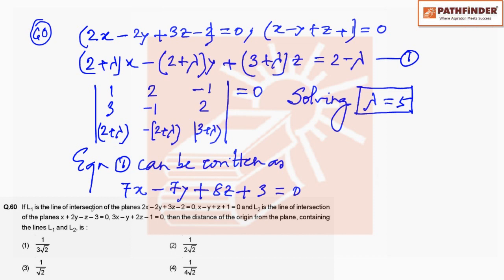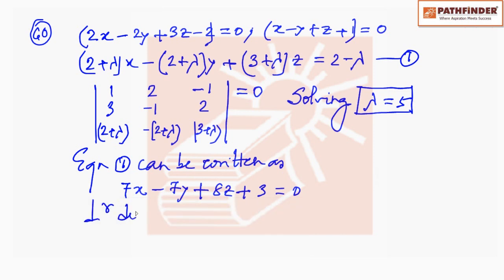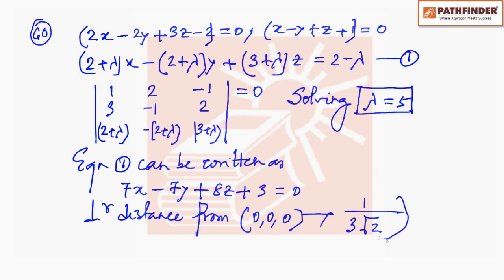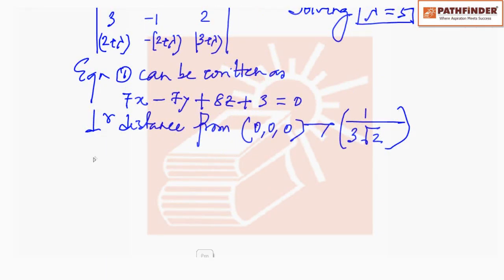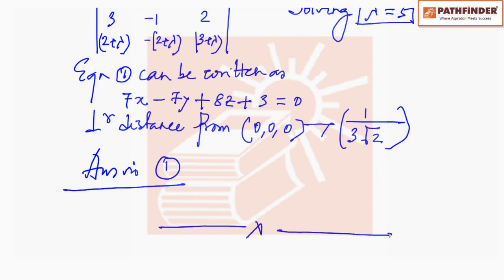So the perpendicular distance from 0, 0, 0, that means the origin, is 1 by 3 root 2. So the answer is option 1. So hence this is the end of the JEE Main solution.